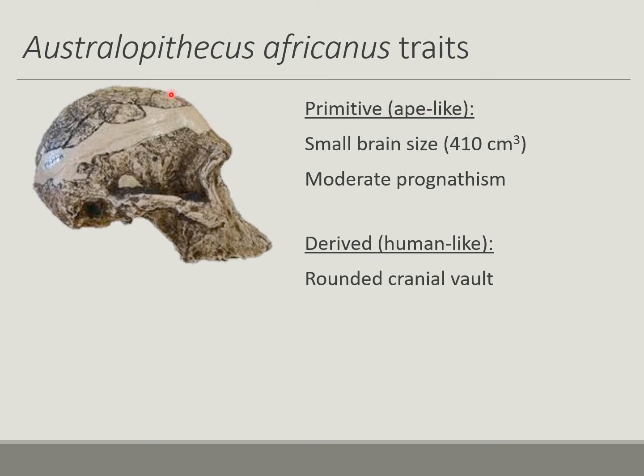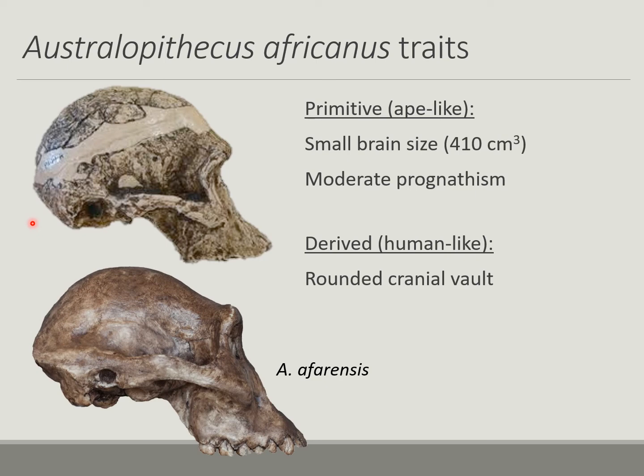So if you remember when I went over morphological trends, it was not only a larger brain, but a more rounded cranium. That was a more derived human-like trait. So Australopithecus africanus starts to exhibit that. And you can see that compared with afarensis, which is a lot more oblong, looks almost like a football, whereas africanus looks maybe more like a soccer ball, if you will.